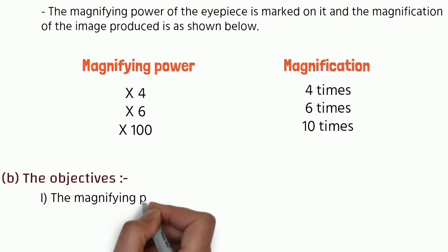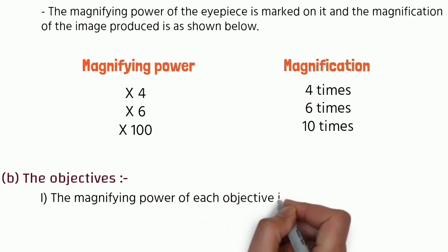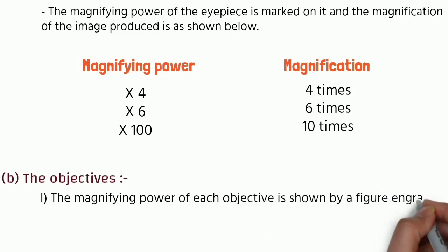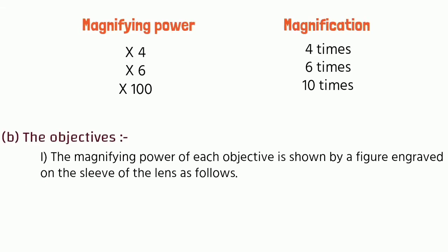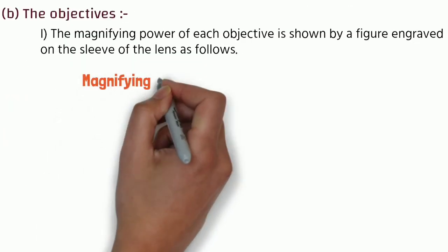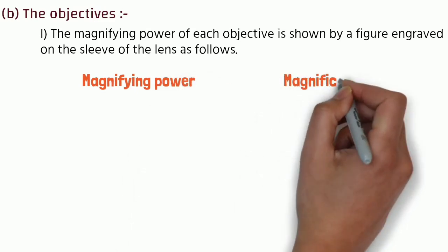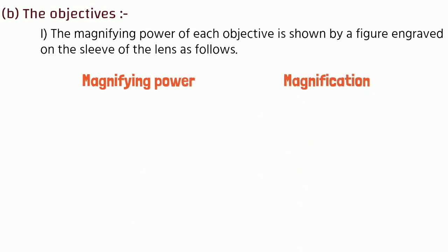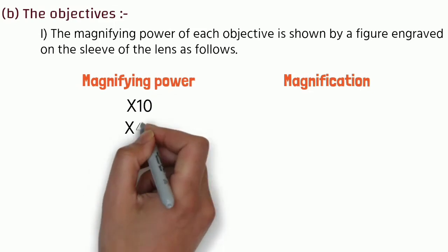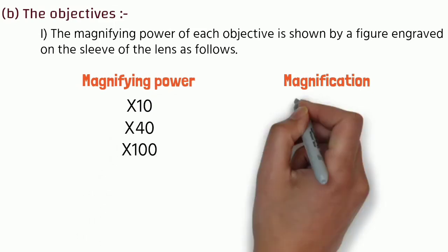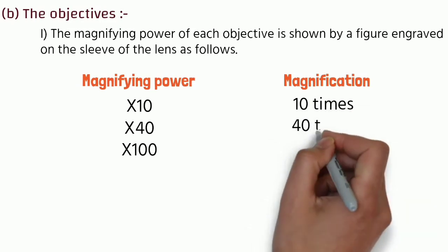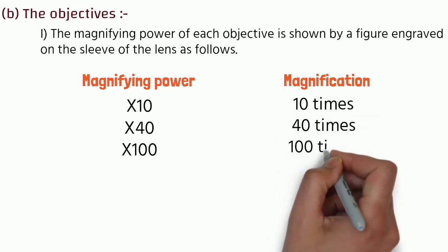The magnifying power of each objective is shown by a figure engraved on the sleeve of the lens. For magnifying power x10, x40 and x100, the magnification is 10 times, 40 times, and 100 times respectively.